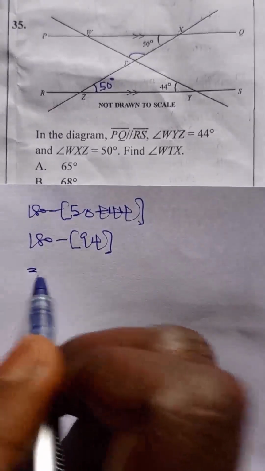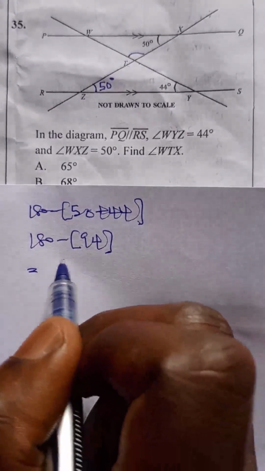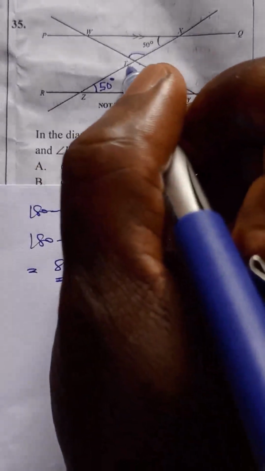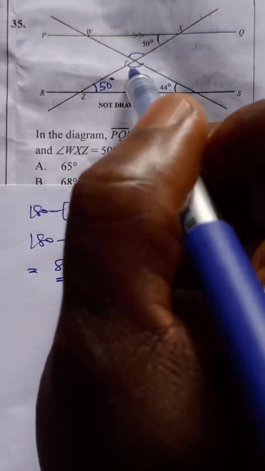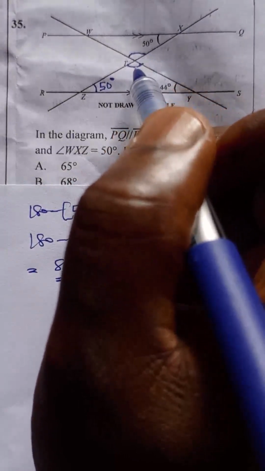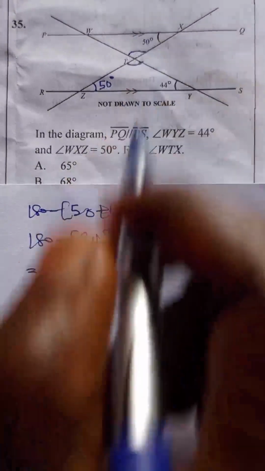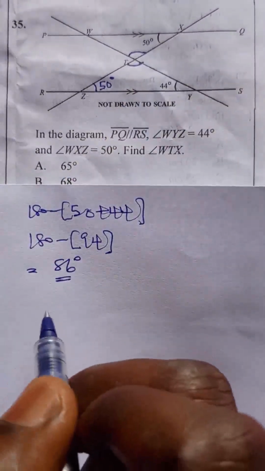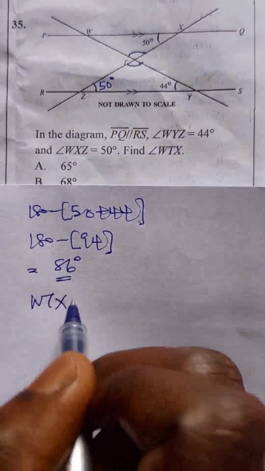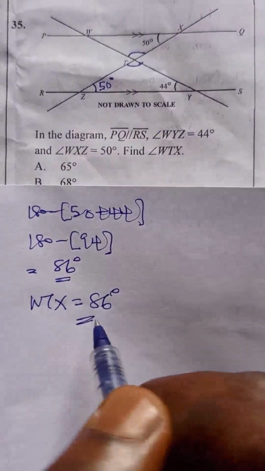So 180 minus 94 degree is going to give us 86 degree, which is this angle. And remember, this angle and this angle are equal, vertically opposite angles. So this angle is 86 degree, which means that the angle WTX that we have to look for is equal to 86 degree. That's the final answer.